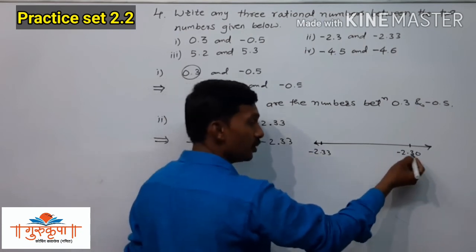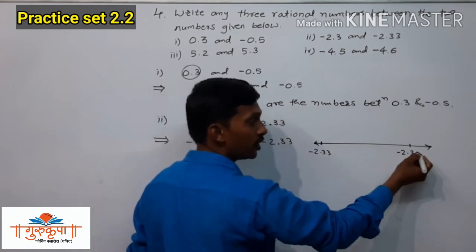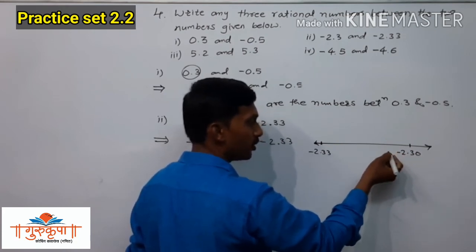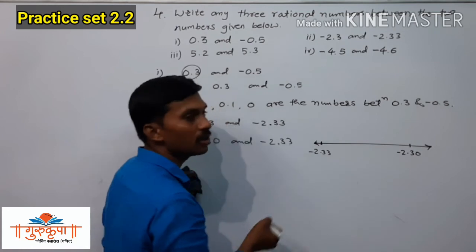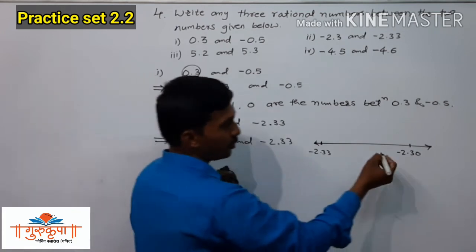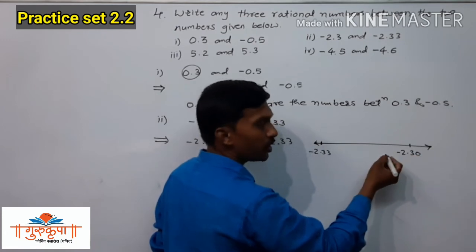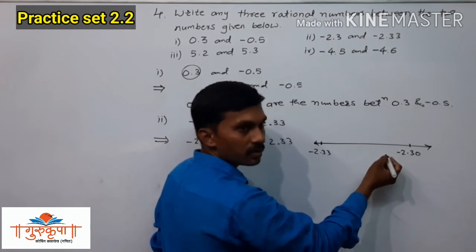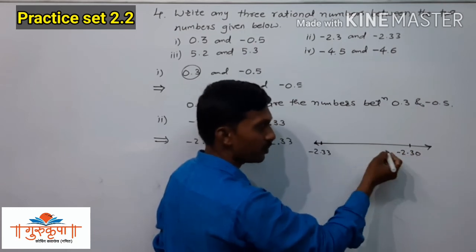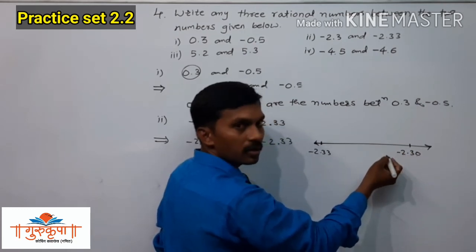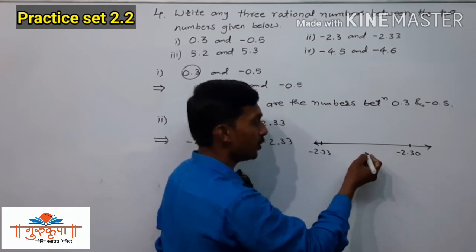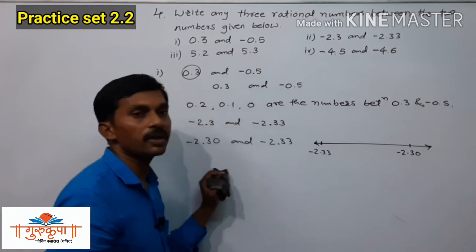So before minus 2.30, what should be there? See here, minus 2.30, then 31, 32, and then you will get 33. We get only two numbers. Before minus 2.30, minus 2.29, minus 31, then 32, and then we have 2.33.